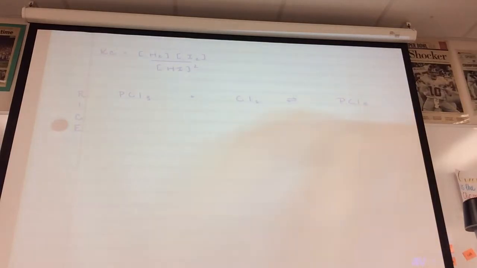And these are all gases. I was told initially we had 1 mole each of the reactants, and because the volume is 1 liter, we actually have concentrations of reactants of 1 molar.